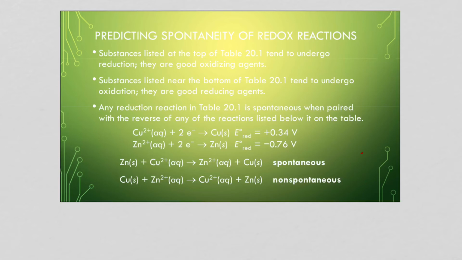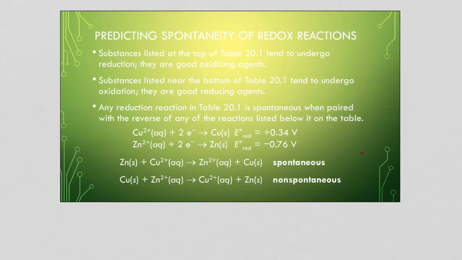So we can think about predicting spontaneity by looking at the values in the table. Remember, things at the top are likely to undergo reduction. They're going to be good oxidizing agents, causing other things to be oxidized. So if you're looking at a reduction potential at the top and you want it to undergo reduction, you want to pair it with anything below it to undergo the oxidation, the reverse reaction.